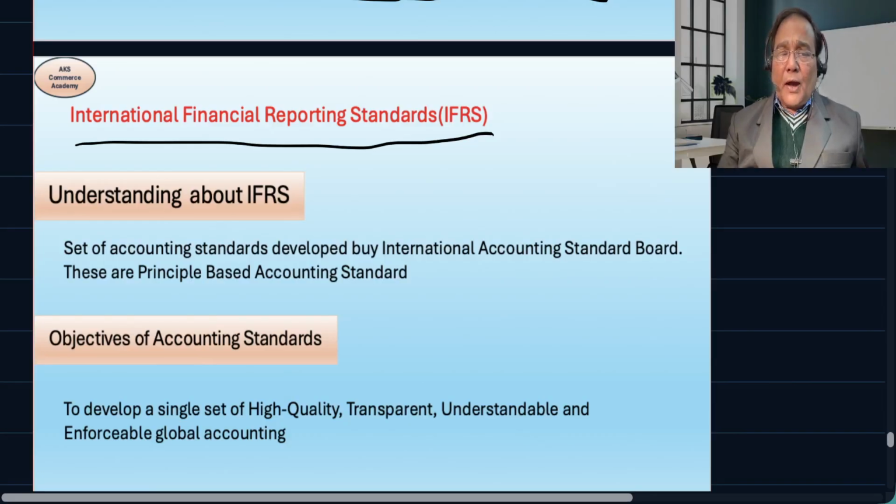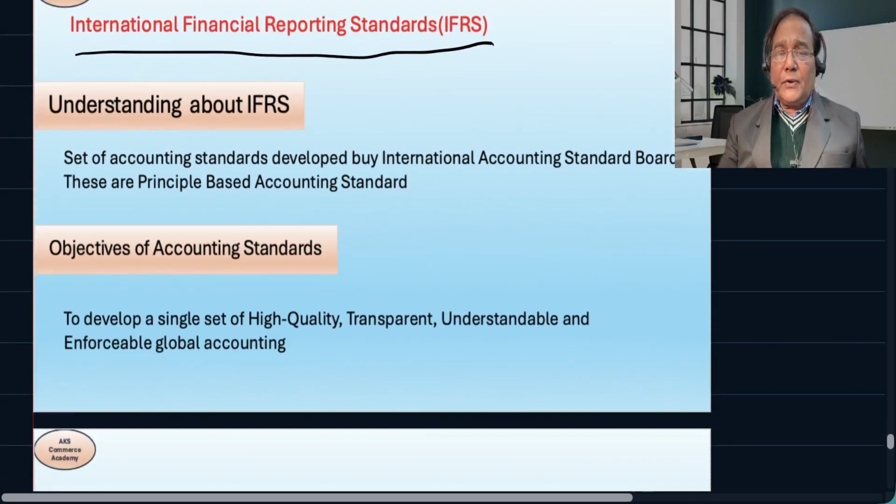Understanding about IFRS: a set of accounting standards developed by the International Accounting Standards Board. These are principle based accounting standards. So we have to understand this. The one which is suggested by IFRS is principle based accounting standard. So rule based and principle based, there are two ways.